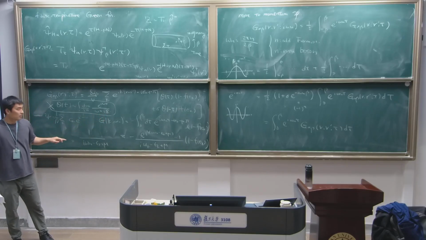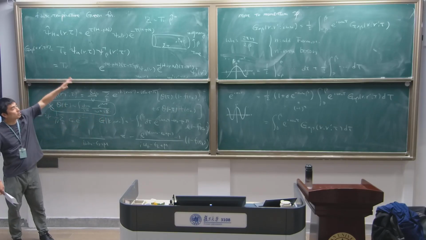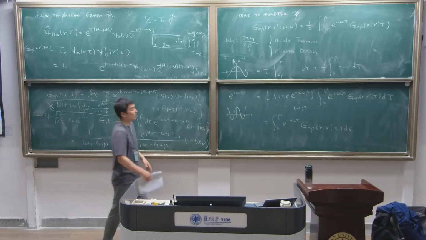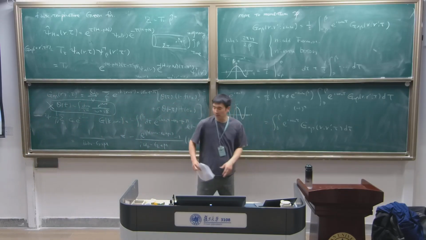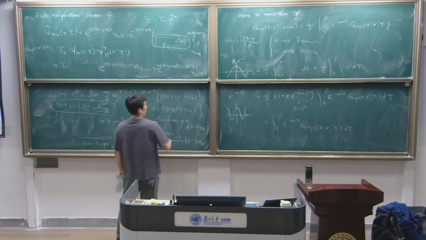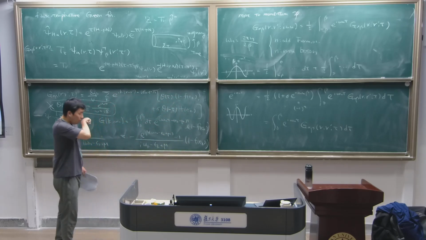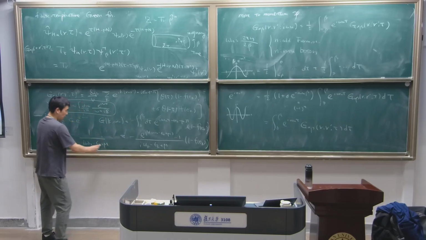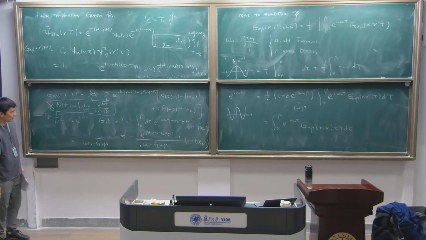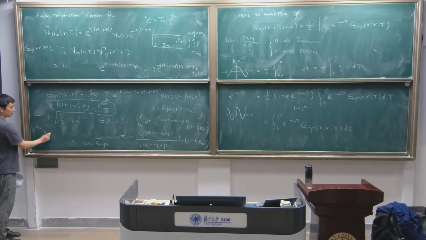That was for the Fourier transform. But here we don't use it because of the finite temperature, from 0 to beta. If you plug it into here, you get only this coefficient. At the end of the day, you get this, which is almost the same as before because omega is replaced by I omega n.